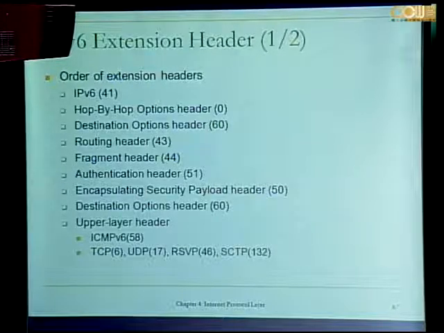It depends on, well, if in processing these headers, the program is implemented in the way that it processes the headers in sequence, then it is needed that these headers are put in the exact sequence of this.